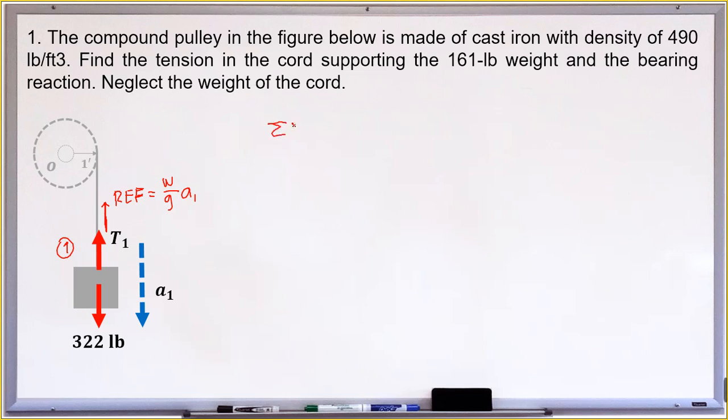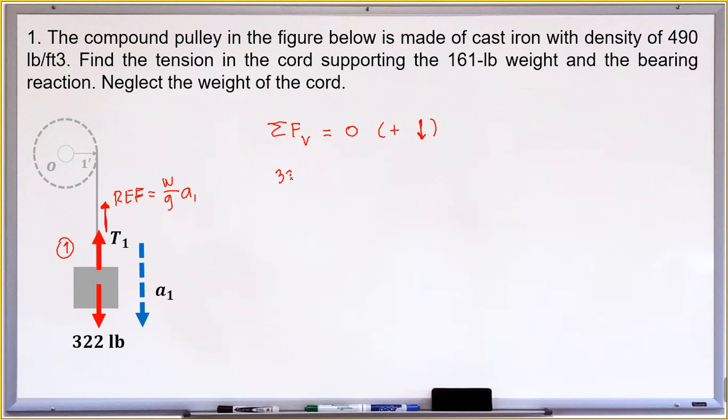So we take the summation of forces along the vertical, that is equal to 0. By defining the REF, we can now use the equilibrium equations. We take positive for downward forces. Why positive downward? Because this is the direction of motion. So what are the downward forces?